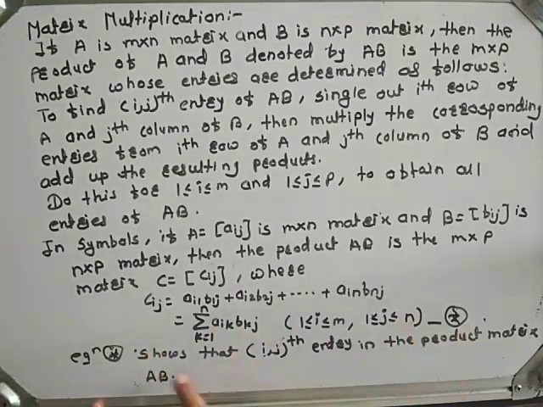That is, equation star shows that Cij is nothing but the ijth entry in the product matrix AB.